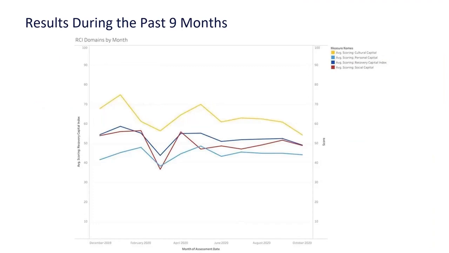You can see just observationally that there is really a tightening of what we call recovery capital, of those determinants. And if I threw a trend line in here, you would see that trend line starting to go down. Now, I can't answer specific questions of, is this as a result of COVID?